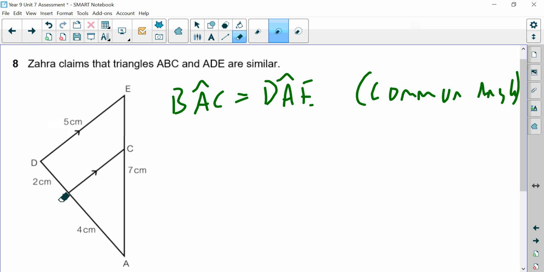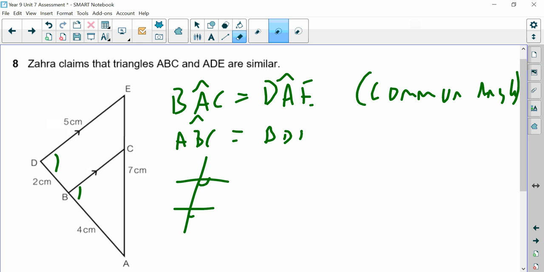In addition to that, looking at these two angles here, these are two angles that should be the same, and we know they're the same because of the two parallel lines which I've got here and here, BC and DE. That's a set of corresponding angles. So the angles ABC and ADE are the same because they're corresponding.